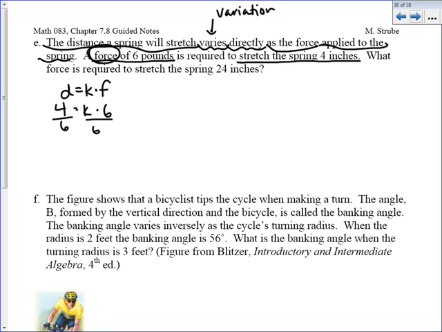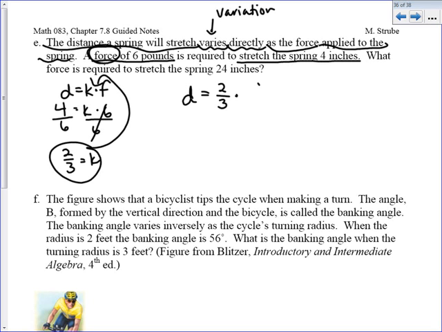What can we write in place of 4/6? 2/3. So we're just going to say 2/3 equals K. If it divides out evenly, by all means, use that decimal. But 2/3 is a non-terminating decimal, so I'm going to keep it as 2/3. So distance equals 2/3 times force.